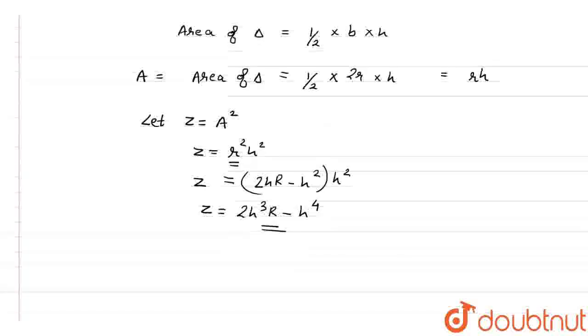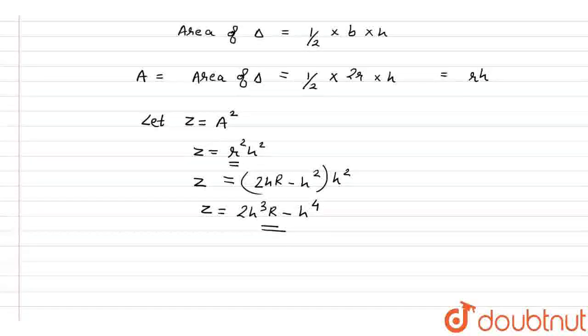Now to maximize this z, we'll differentiate z with respect to h. So differentiating z with respect to h, we'll get 2 into R into 3h square minus 4h cube.